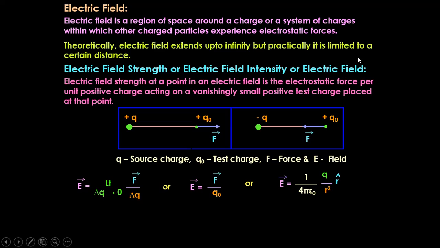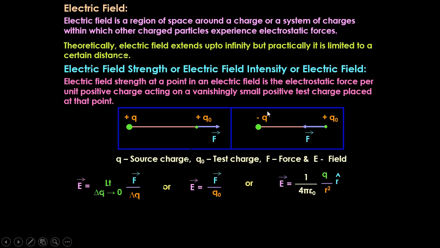So electric field is nothing but electric force only, when a unit charge experiences electrostatic force due to this source charge. In this way, the concept of electric field can be understood.